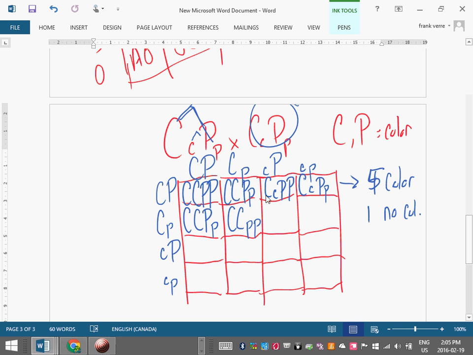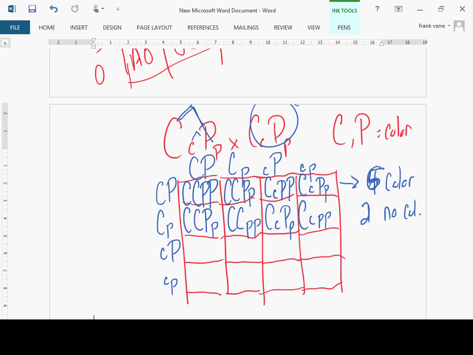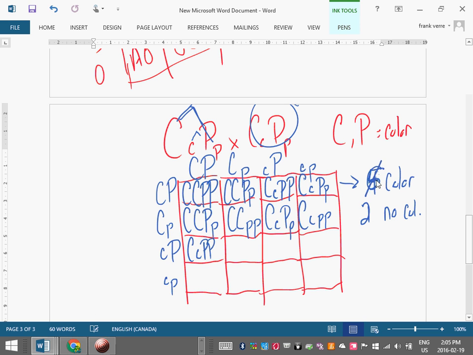All right. Little c here, big C here. So big C, big P, little p. All right, 6. Big C, little p, no. So we have so far 6 color, 2 no color. Look, do this row over here. Big C, big P. That's another one with color. So now we're up to 7.